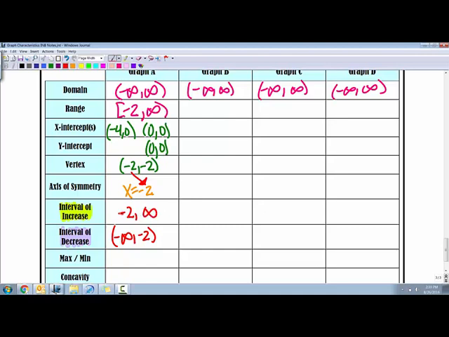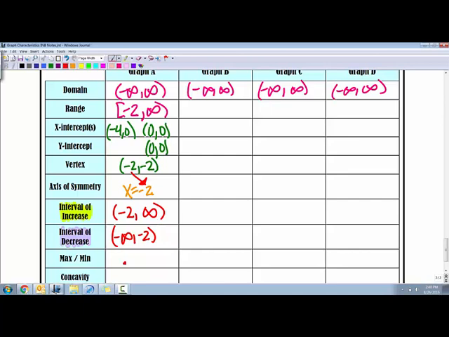Infinity, you're right. You will always have an infinity in the interval of increase and decrease for parabolas. And look how important the -2 is. It's being used for everything. The x value of the vertex is going to be the majority of your answers.